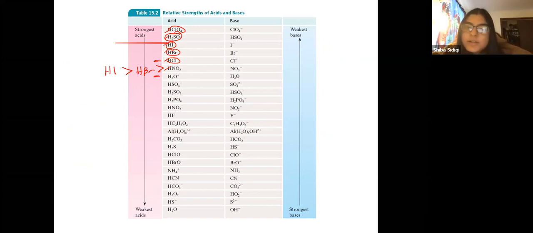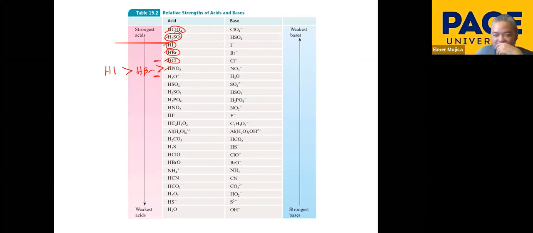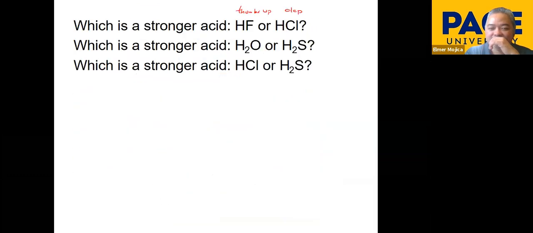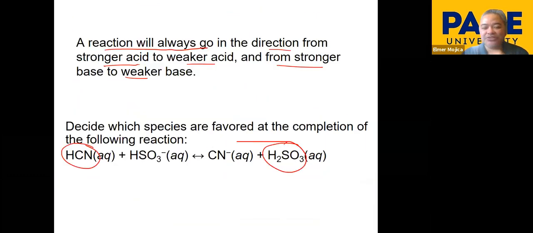H2SO3 is higher than HCN, so it's the stronger acid. As you can see here, it's a choice between this one and that one. So if you're asked which reaction is favored, what was your answer?